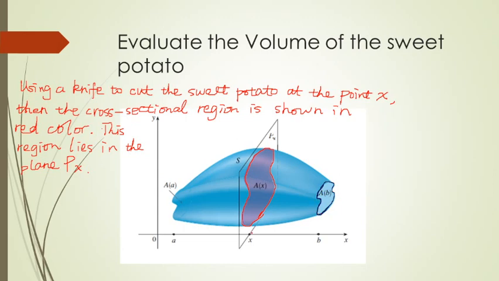And at x, the cross-sectional region is much bigger. Now let's illustrate what this AX is. Try to understand this is a solid in 3 dimensions, and when you place it on the xy plane and use a knife to cut at some position, you get the cross section. This plane is perpendicular to the x-axis.